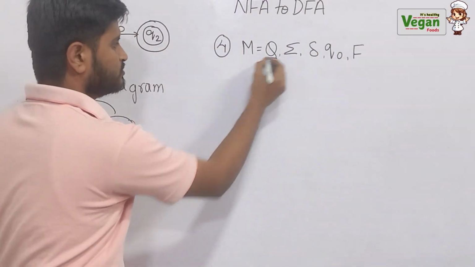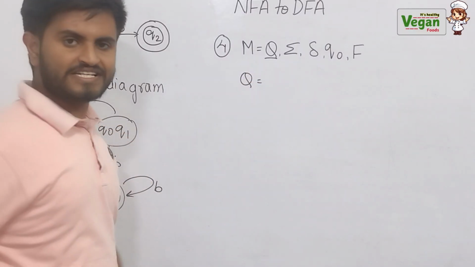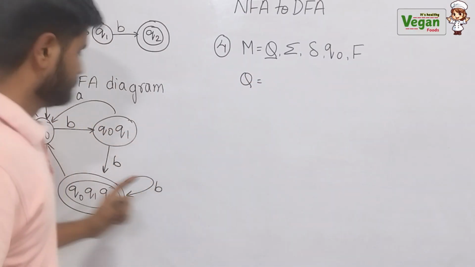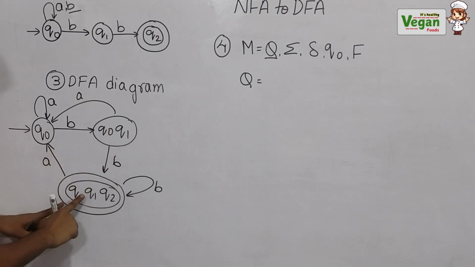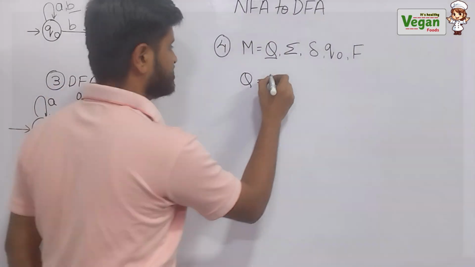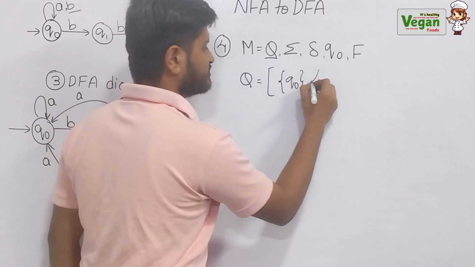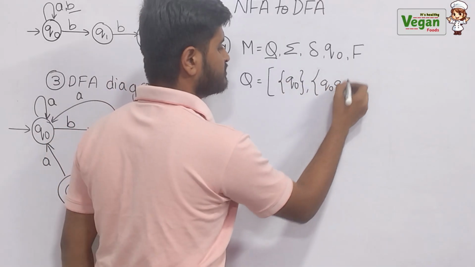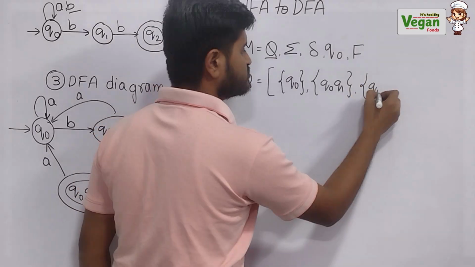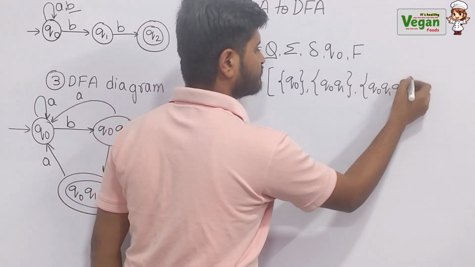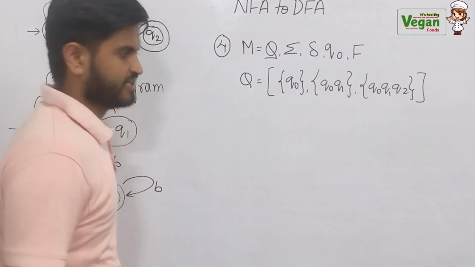So what is Q? Q means what are the states in my DFA diagram? Q0, Q0 Q1, Q0 Q1 Q2 are my 3 states. So Q0 is my first state, next it will be Q0, Q1, next the third state is Q0, Q1, Q2. So these are my 3 states.